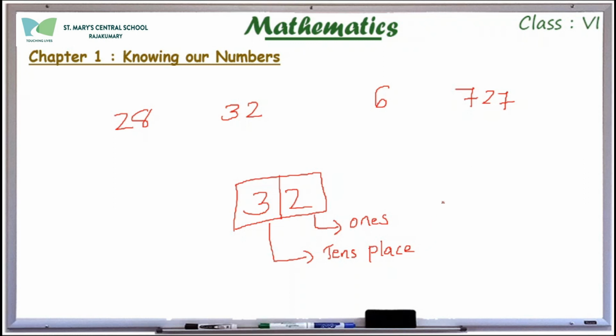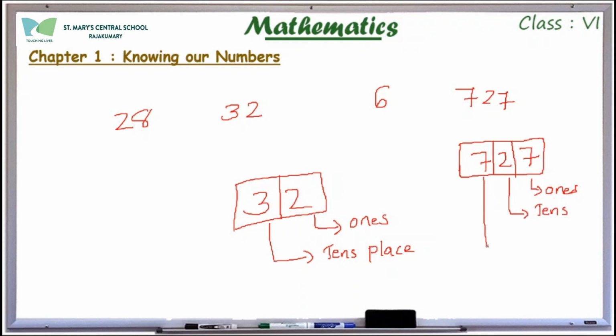And in the case of 727, seven is at the place of ones, 2 is at the place of tens, 7 is at the place of 100.